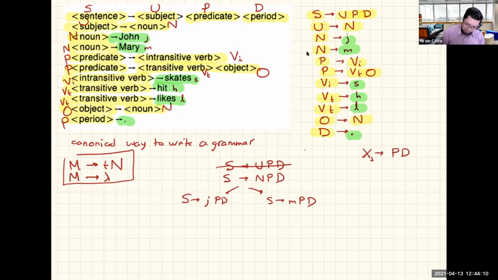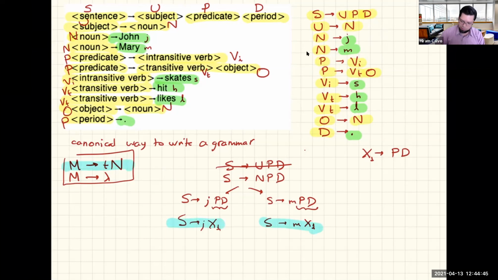Now, if I rewrite this as SJX1 or SMX1, why X1? Because X1 is PD, and this is PD. It's exactly the same. So this PD becomes X1, and we can see that this complies with this format. So the first rule is already converted.